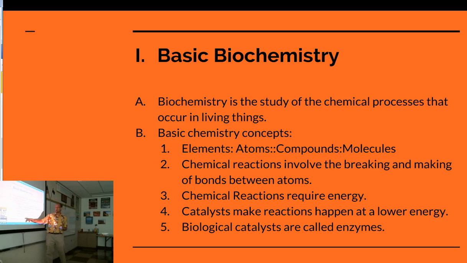There's an important word called an enzyme, and an enzyme is simply a catalyst in a biological system. So when your cells are doing this complicated chemistry of life to keep you alive, and they use catalysts to lower the activation energy to make these chemical reactions easier to happen, we call those enzymes, and they're usually made out of proteins.